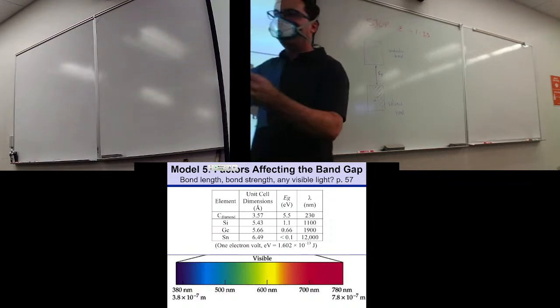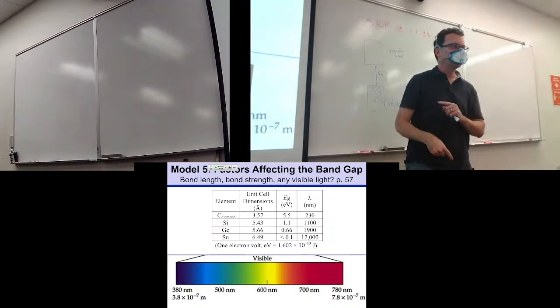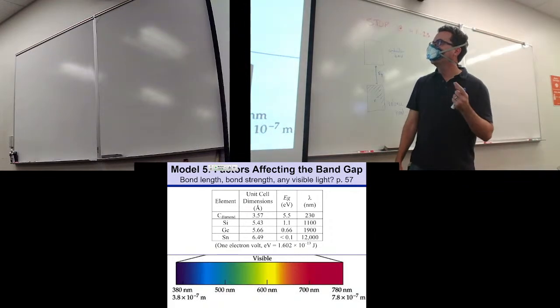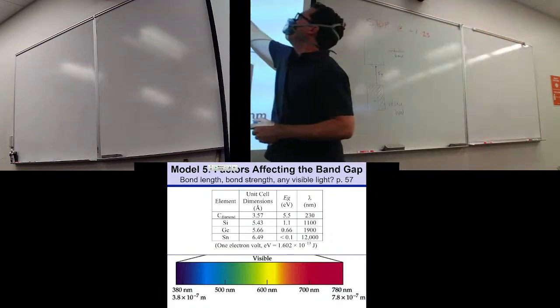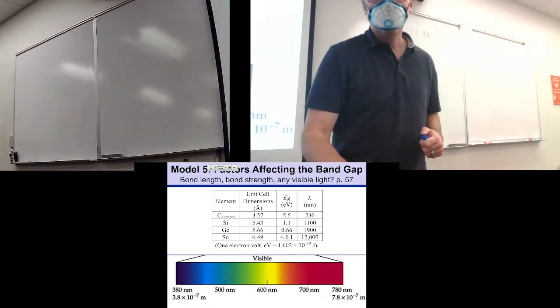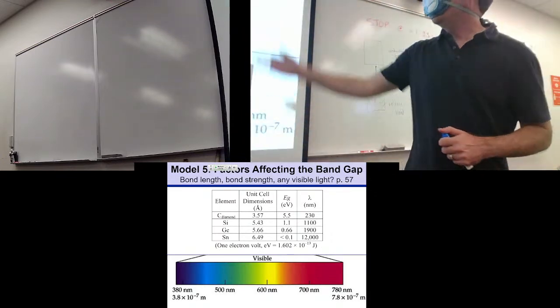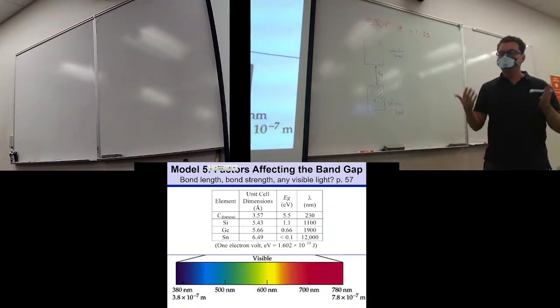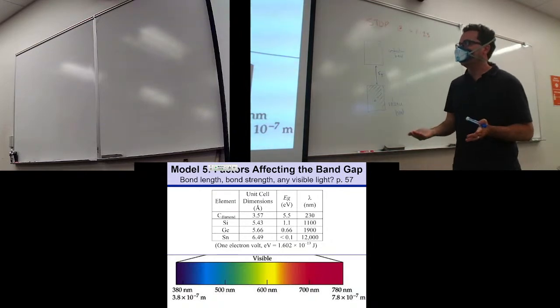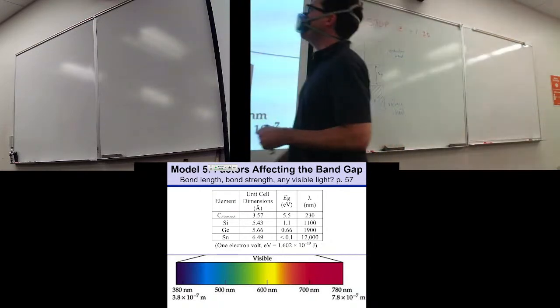Remember, wavelength and energy are inversely proportional. So as your energy goes up, your wavelength goes down. It gets more in the UV region. This is ultraviolet. So you can see that when the size of the unit cell is bigger, and that comes from the atoms being bigger, your band gap shrinks.